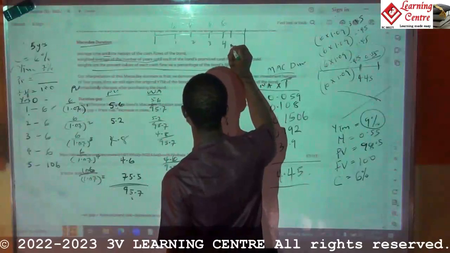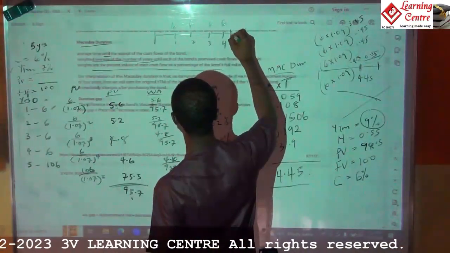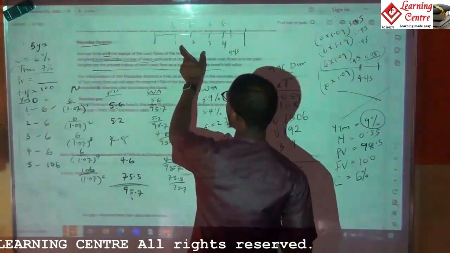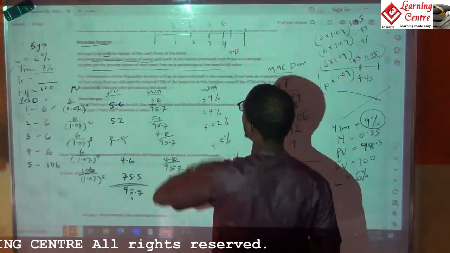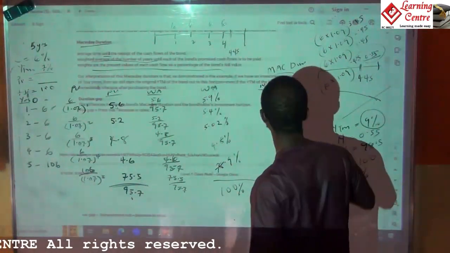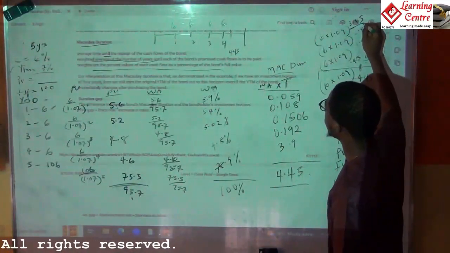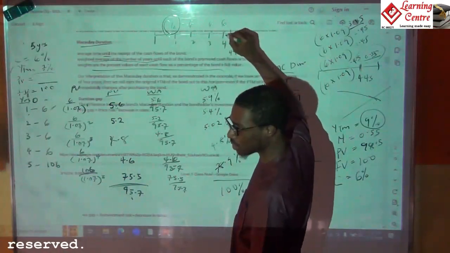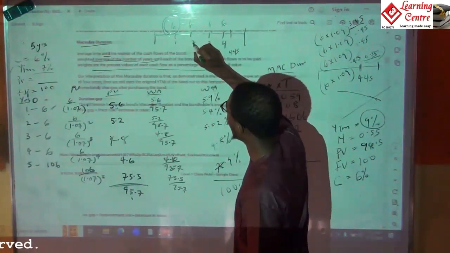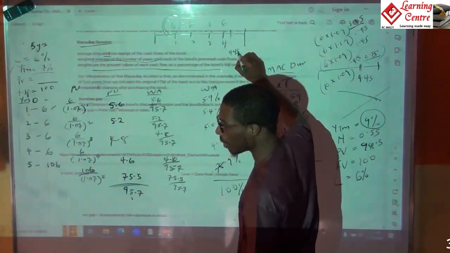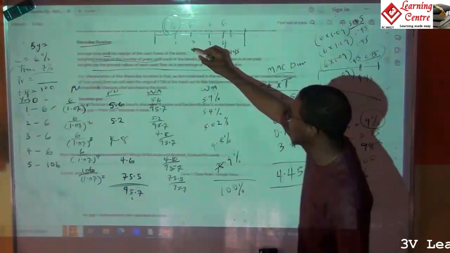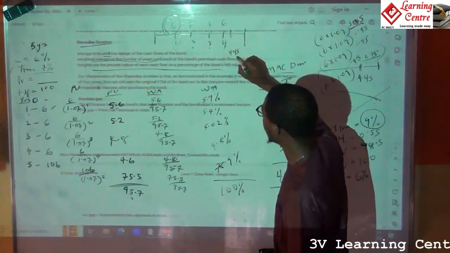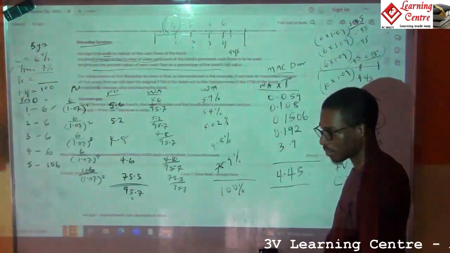I want the future value in year 4.45. So what you do is like this: you reduce this at the end of year 1, then 1, 2, 3.45. You want to find the total value at the end of year 4.45.